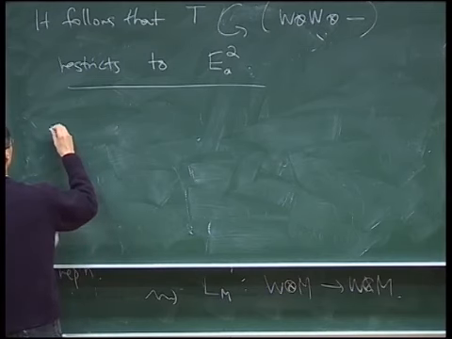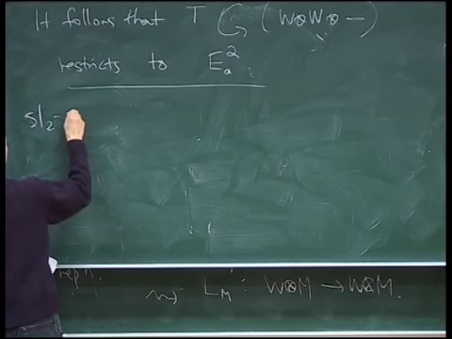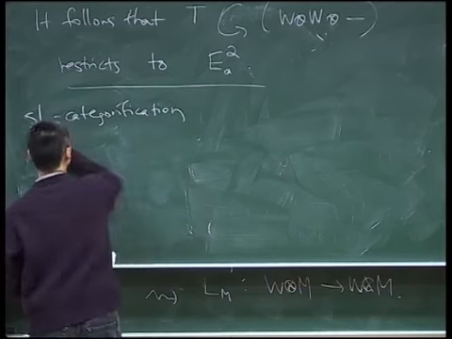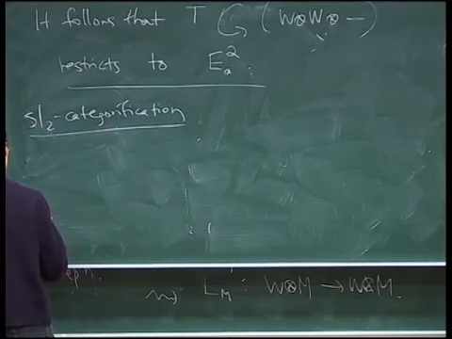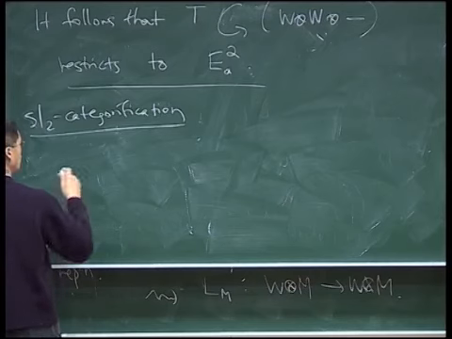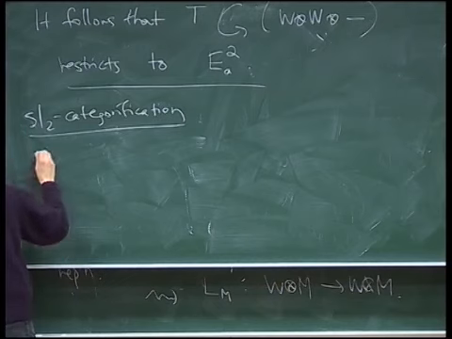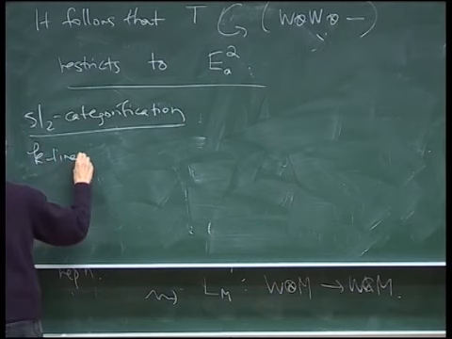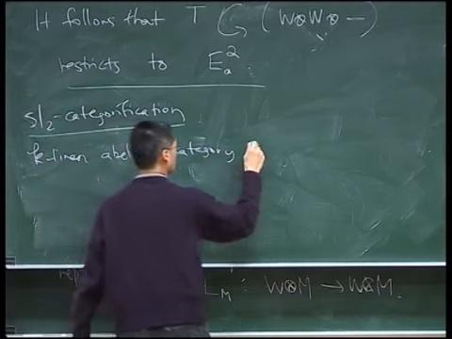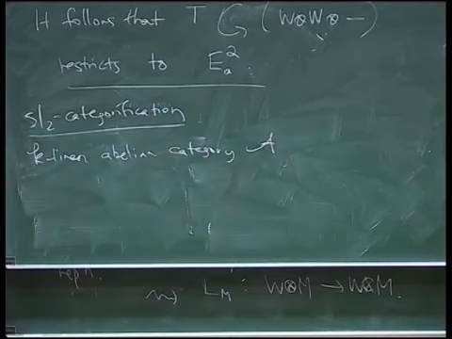So now let me say what sl2 categorification is. The ingredients are a k-linear abelian category, and let's assume that it satisfies an ascending and descending chain condition, so it has composition series.